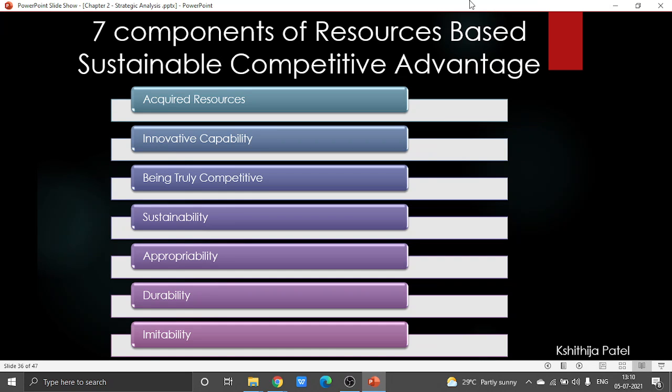So what you can see in the slide is seven components of resource-based sustainable competitive advantage.